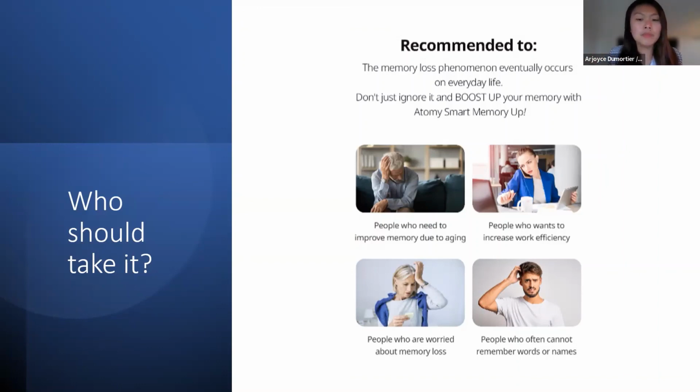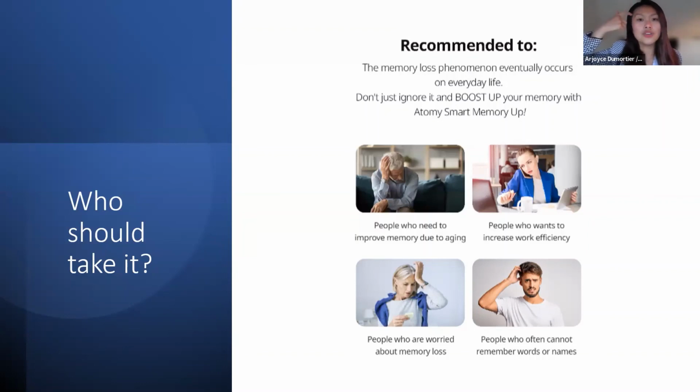Then number 3, people who are worried about memory loss. Sometimes our human brain is thinking a lot of things. When we hear other people say, oh, maybe I have dementia, oh, maybe I'm aging too much, it is being stored in our brain, especially when this person is always talking to you on a daily basis and saying the same thing.